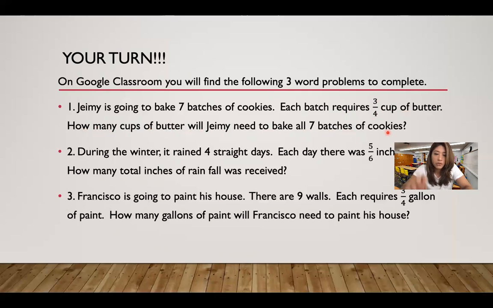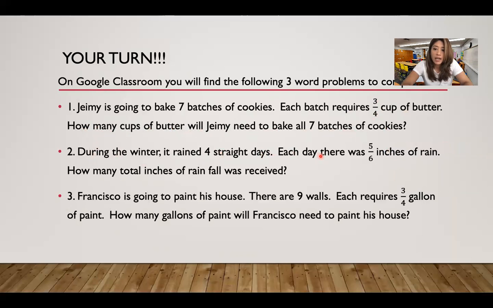Word problem number 2 that you need to do for homework. During the winter, it rained 4 straight days. Each day there was 5/6 inches of rain. How many total inches of rain was received? Okay, that's number 2.